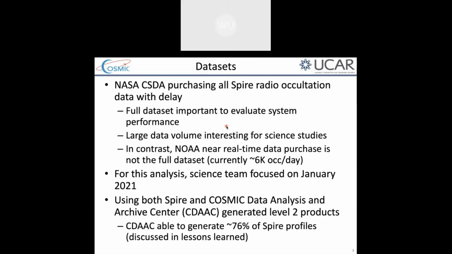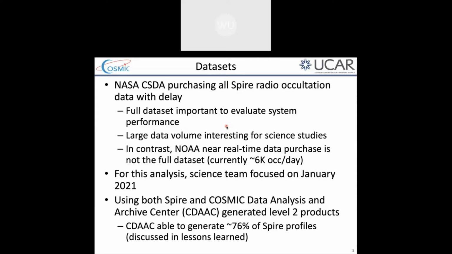It's currently about 6,000 profiles a day out of around 15,000 they're currently collecting. So it's very nice to have access to these data because we don't have to wonder about whether we're only seeing the very best profiles, as is possible with the NOAA data.